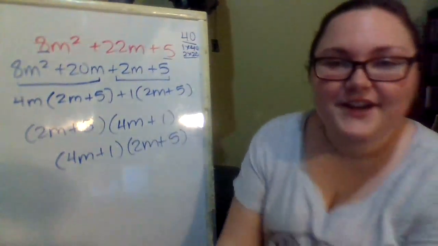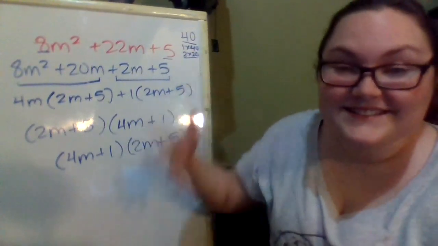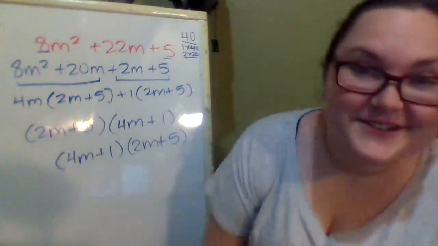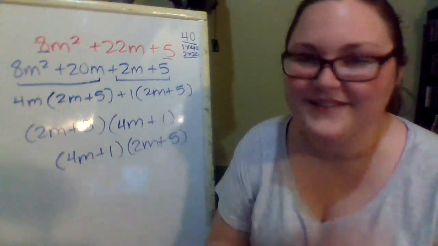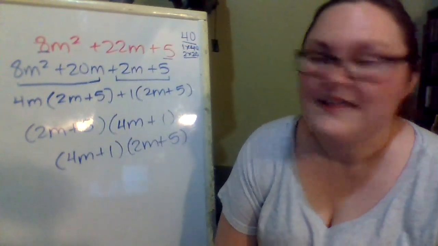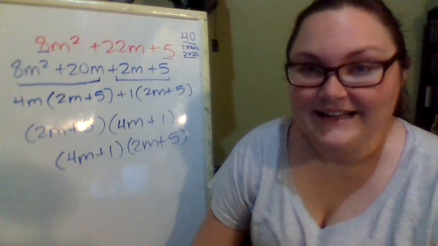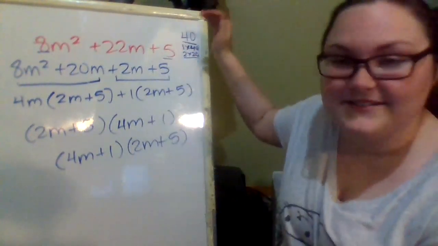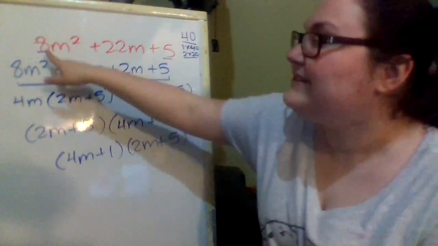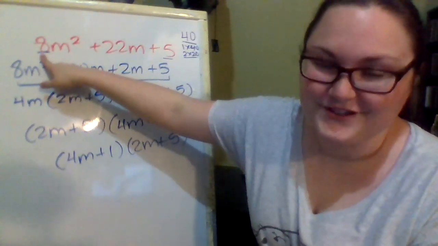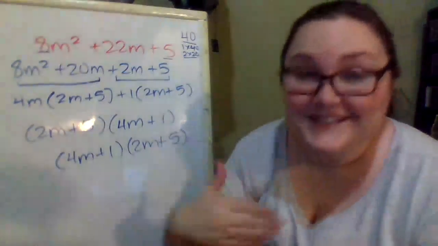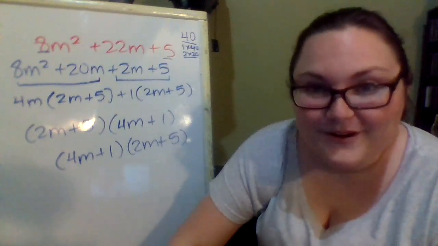Hopefully you found this video helpful. Like I said, I know this stuff is crazier looking, but I promise the more practice you get, the better you'll feel about it. The one last thing I want to leave in your mind is this long process is only if there's a coefficient there. So remember, there were some easier quadratics we looked at before this lesson.